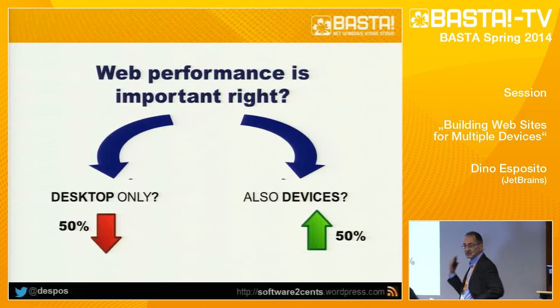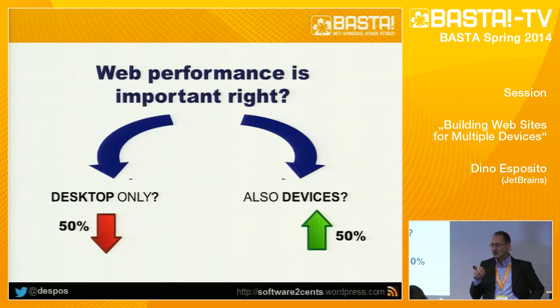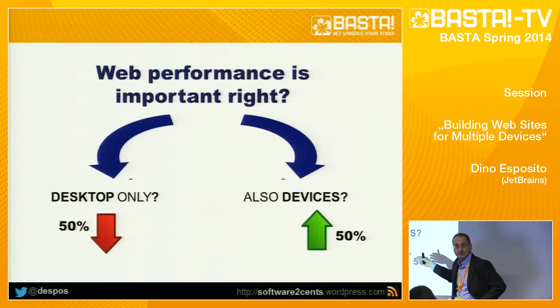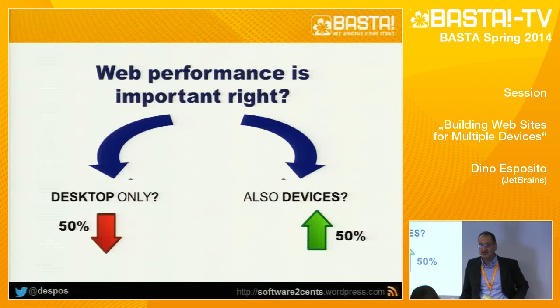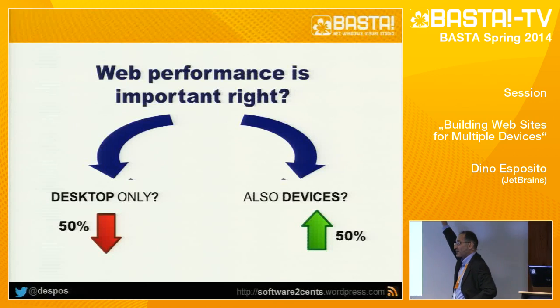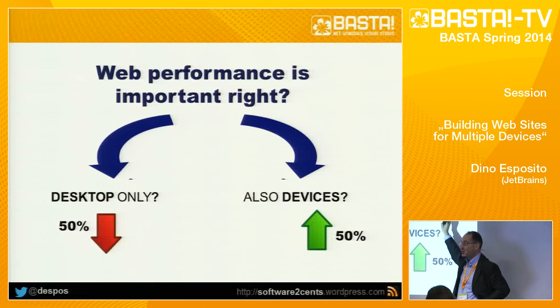But I guess, it's a rough guess, but I'm sure I'm not really far from the truth, that they are 50-50. But the trends are different. The desktop is going down, the mobile traffic, the device-based traffic, is going up.